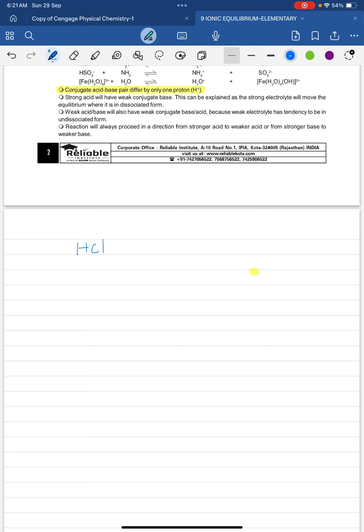It dissociates into H plus and Cl minus. So it is acid, because it releases H plus, and the corresponding anion is called the conjugate base.